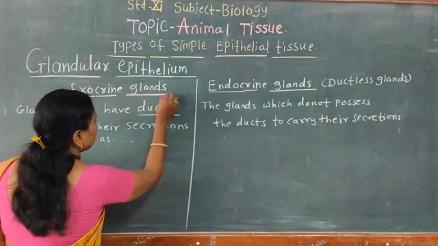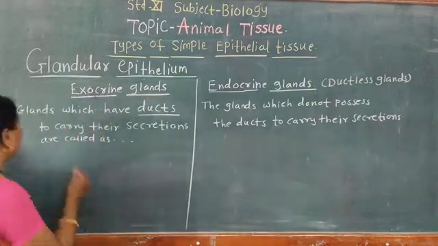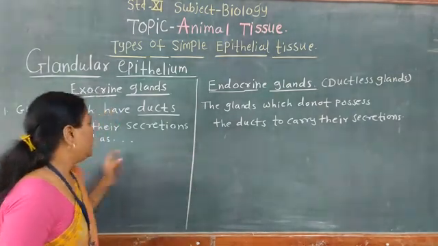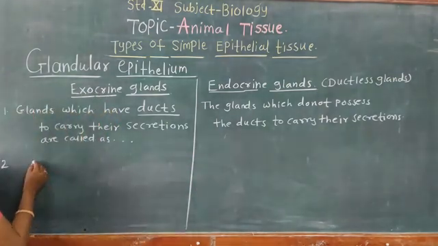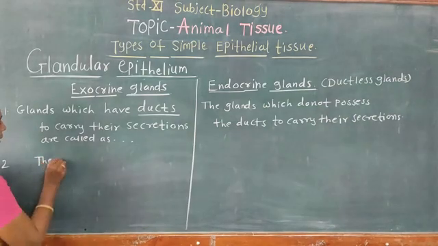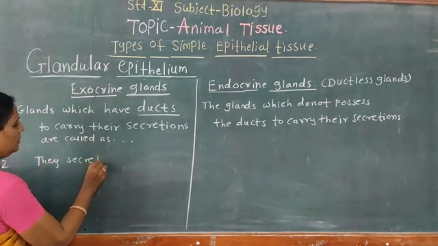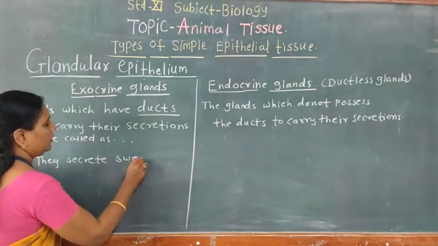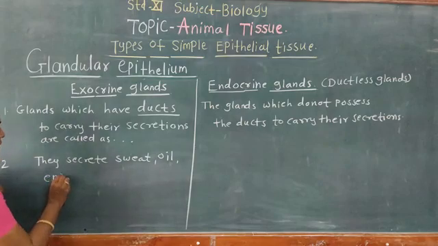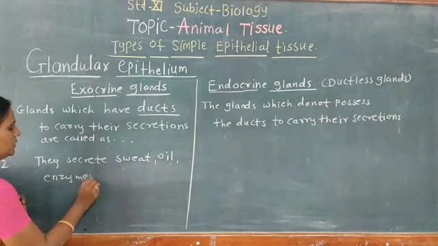Now the second difference we will study between the exocrine and endocrine glands. The exocrine glands secrete different secretions, mainly sweat, oil, enzymes, juices.